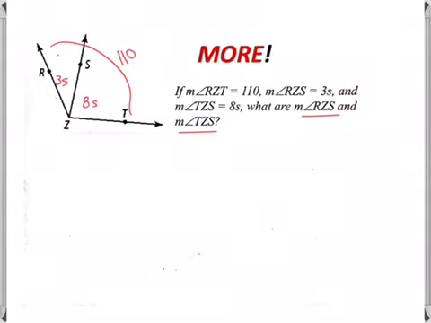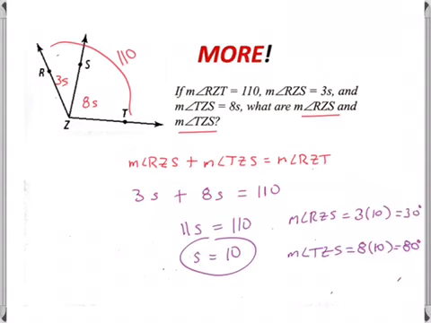We're going to take the measure of RZS and add it to the measure of TZS and set that equal to the measure of RZT. So go ahead and pause the video, set up your equation, solve for S, and then plug it back in to find the measure of the two angles. When you're ready to check your answers, unpause the video and see what you get.